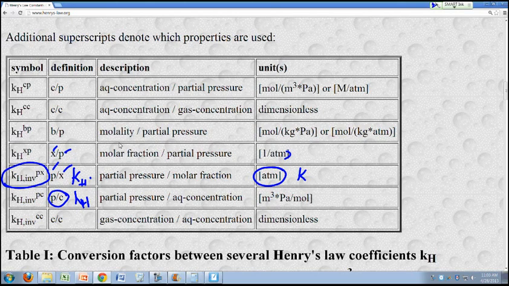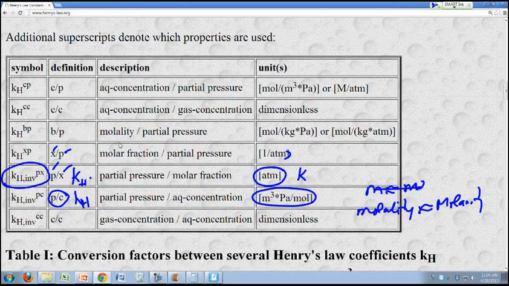This is not quite the same because this is moles per cubic meter, and he's using all SI here. And it's not per kilogram because he's using molarity. So this is practically the same as our KH, except that the unit here is per liter, because in very dilute aqueous solutions, molality is approximately equal to molarity. So you can use that as your K sub H.